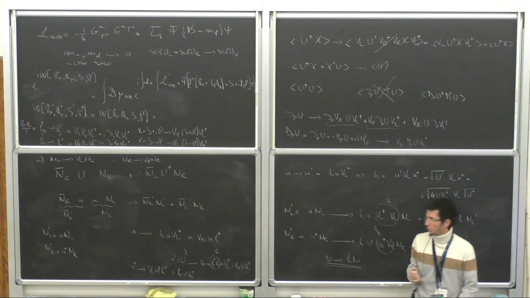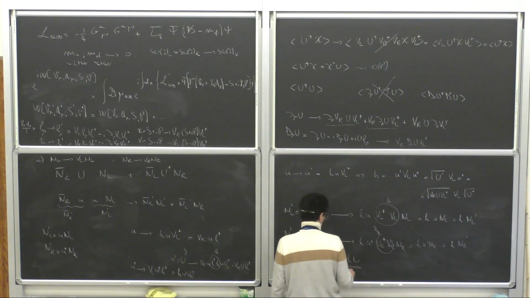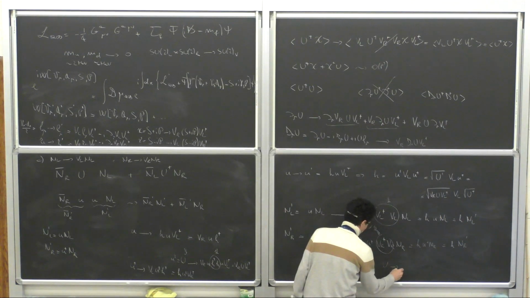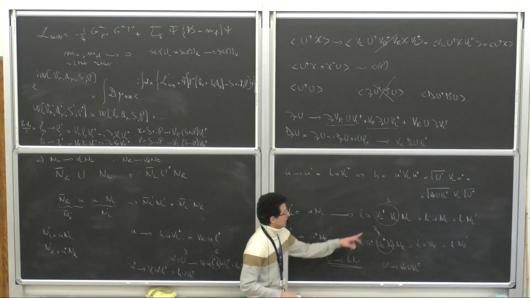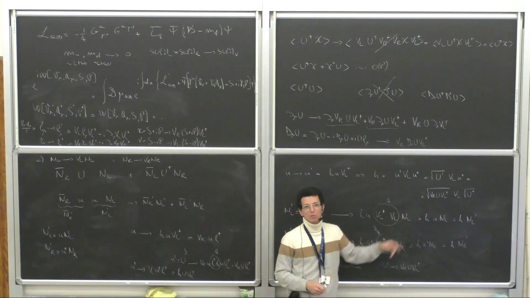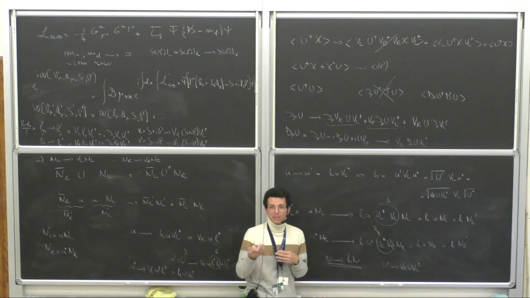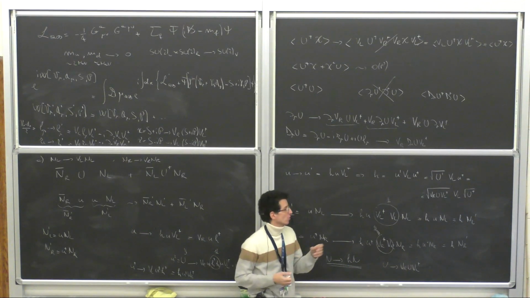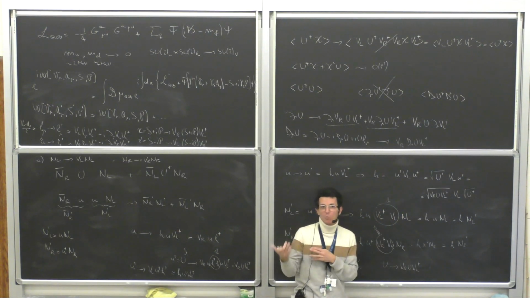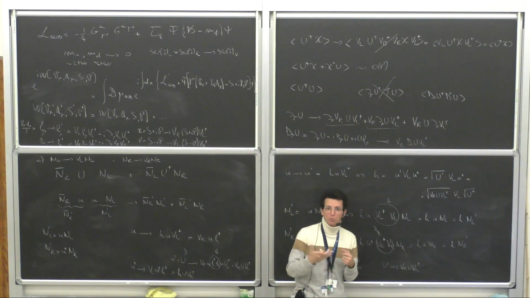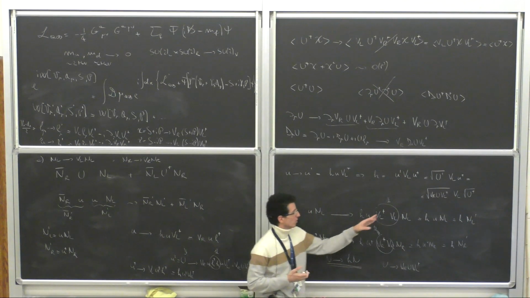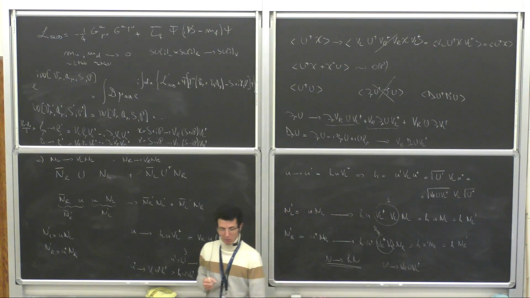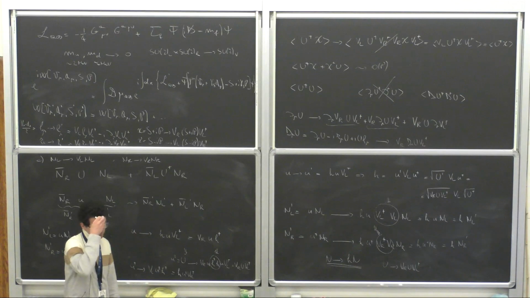So if U goes to VR U VL dagger with H defined in this ugly way, please show that by combining two different chiral transformations with VR1, VL1 and VR2, VL2, one after the other, you respect the group composition law. It doesn't seem very trivial from this expression of H, but it is the case.